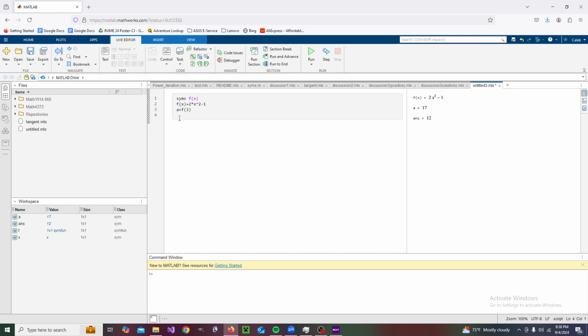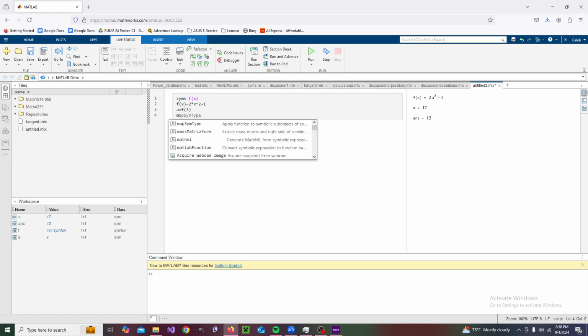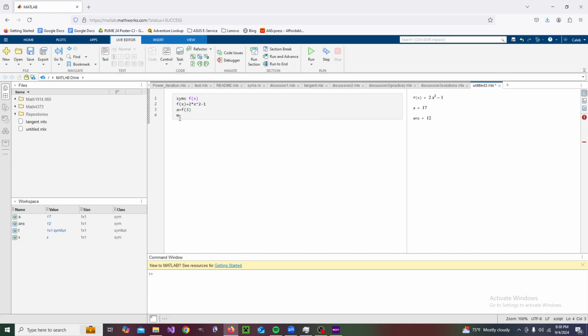Now, something that we had to do in a previous part of the homework is find the slope of a secant line. So let's say I wanted to have slope, and it's normal to name the slope m. So let's say I want to store this as a variable m.